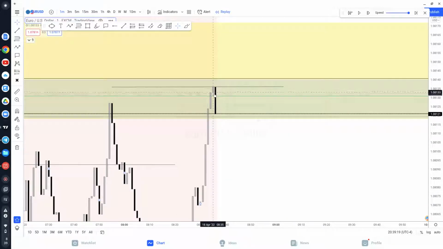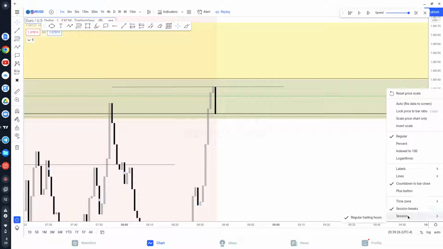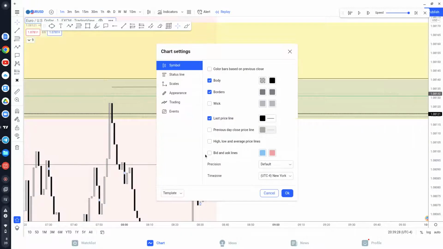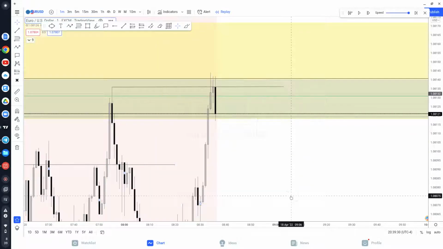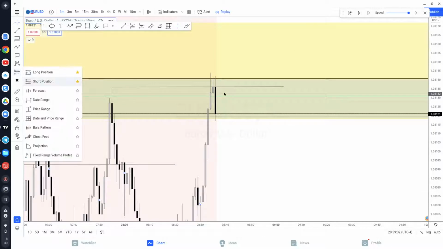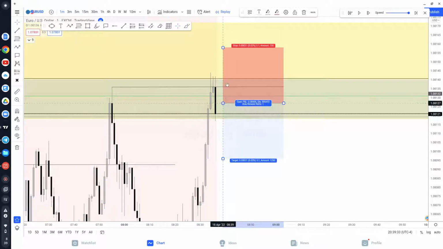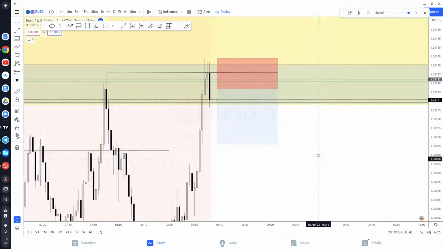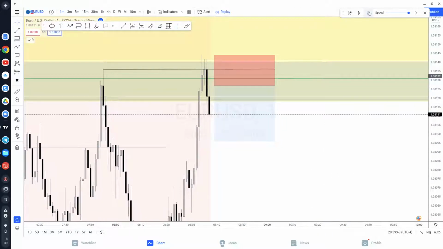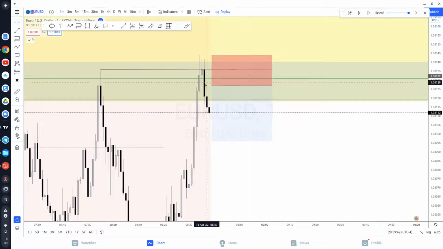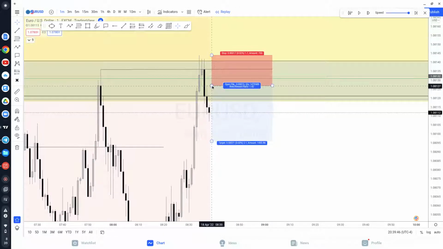So now when price trades back within the range of this candle here, let me put the wicks back on. As soon as price does that, we can take the trade. So here's what this looks like for me. Right here, as soon as it trades back within that, we can take the trade.